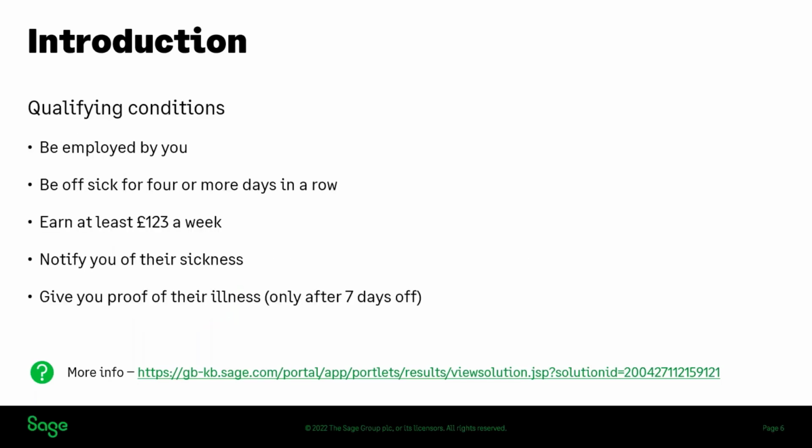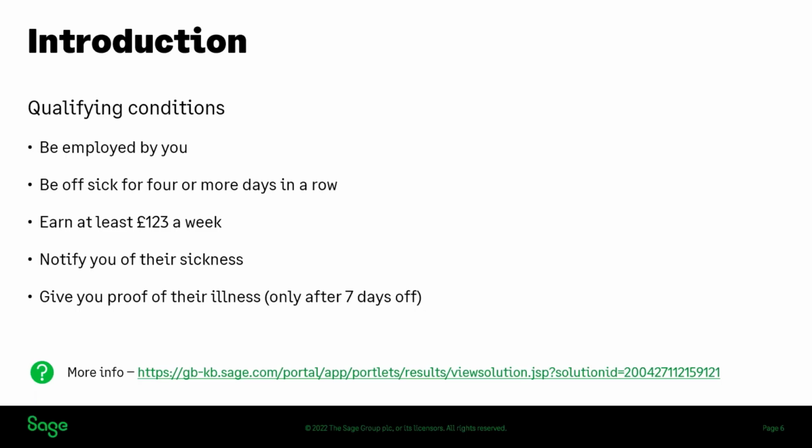There are a couple of qualifying conditions when it comes to statutory sick pay. The first is they must be employed by you, of course. The second is that they must be off sick for 4 or more days in a row. And when we go through recording, you'll see how that plays into everything as well. They must also earn at least £123 a week.